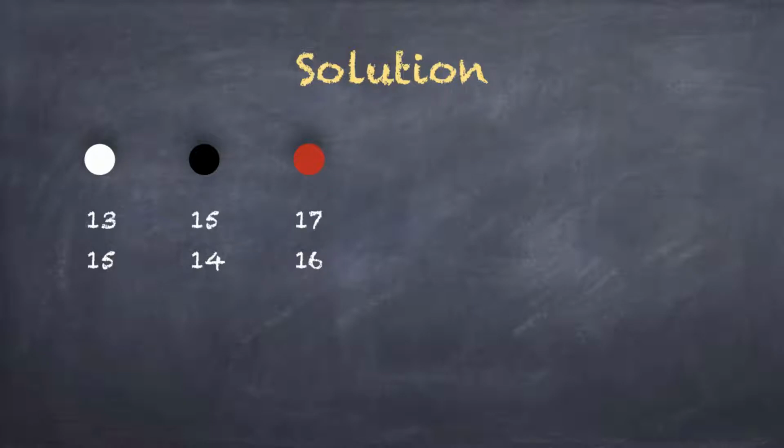Then suppose in the next step you choose white and black, so the new quantity will become 14, 13, and 18. And suppose in the next step you again choose black and red, so the new quantities will become 16, 12, and 17.